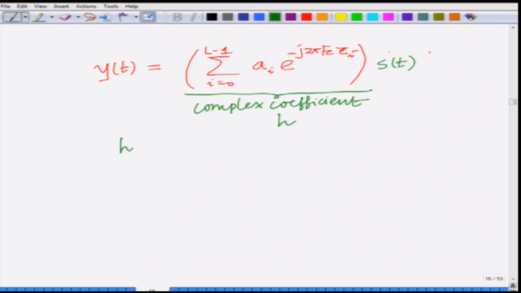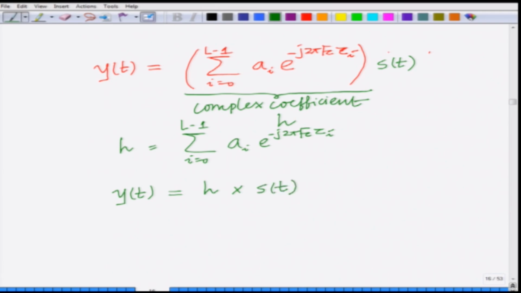So, h I am defining as the summation I equal to 0 to L minus 1 of A I e to the power of minus j 2 pi f c tau I. This is my complex coefficient, and as a result I can conveniently write y of t equals this complex coefficient h times S of t.